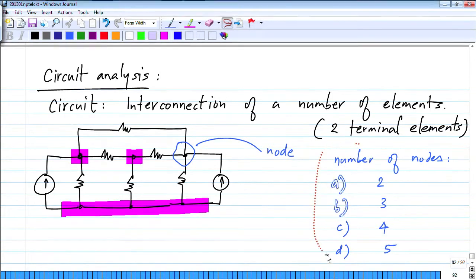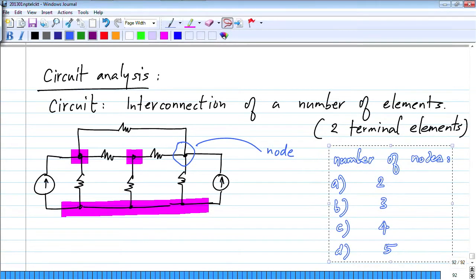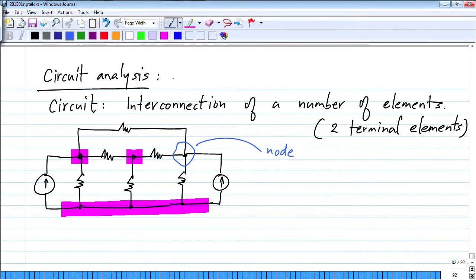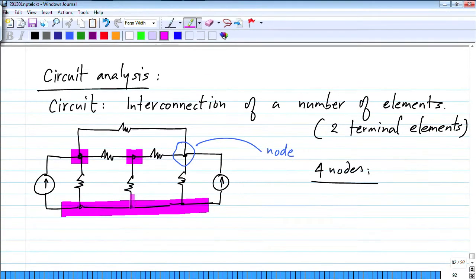Now, each element or whatever is connected between two nodes, such as this resistance here. This resistance is connected between this node and that, and that constitutes a branch.